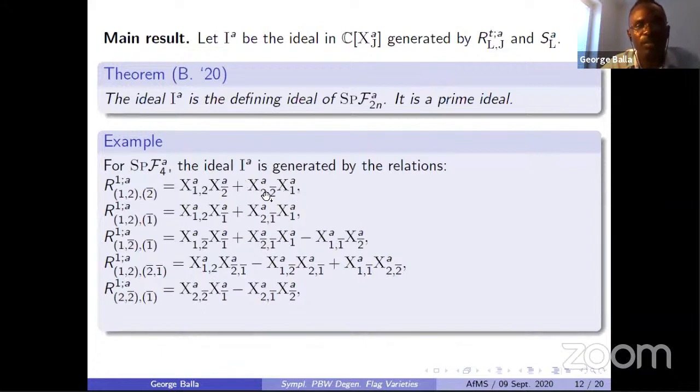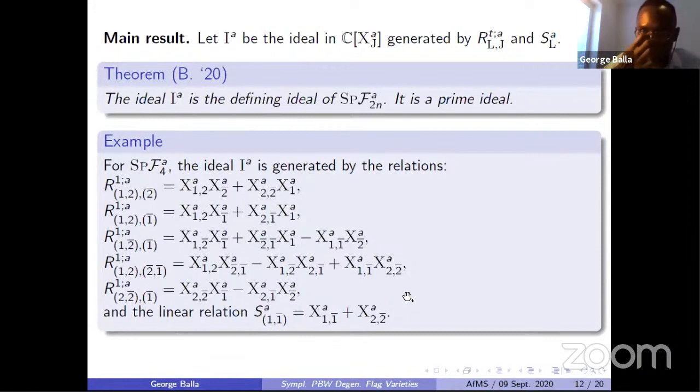So the degrees of the two are just 1. And then the other one has degree 2, so that's why it is not appearing. We do the same for all the other relations. And also the symplectic linear one, the two terms have the same degree, so they will remain.